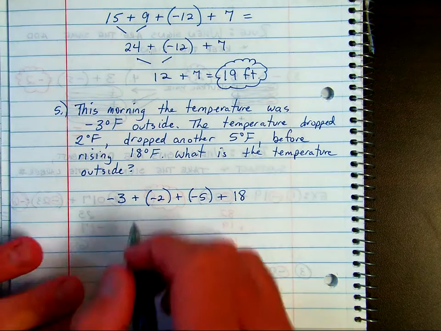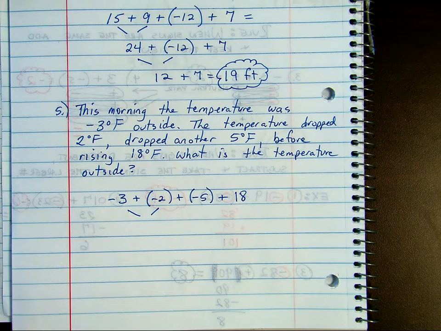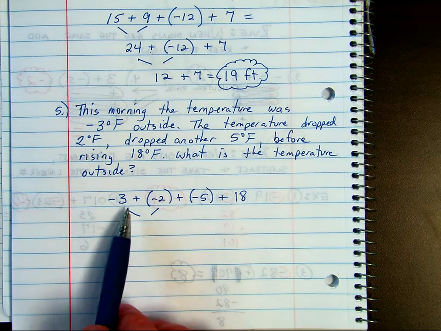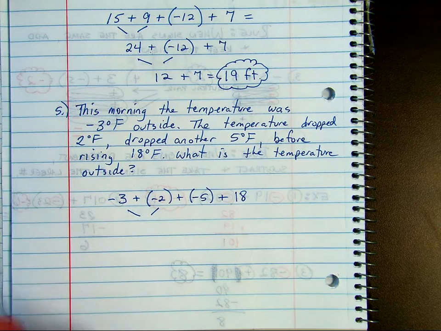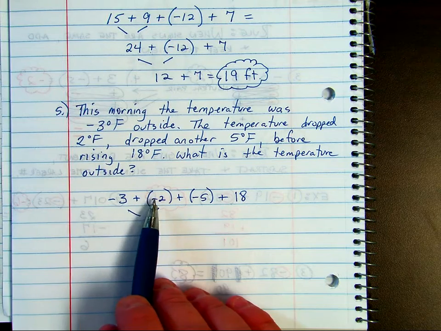So what's negative 3 plus negative 2? Bree. Negative 3 plus negative 2. Can't think? Okay. Take your time. It's negative 3 plus negative 2. Yes.